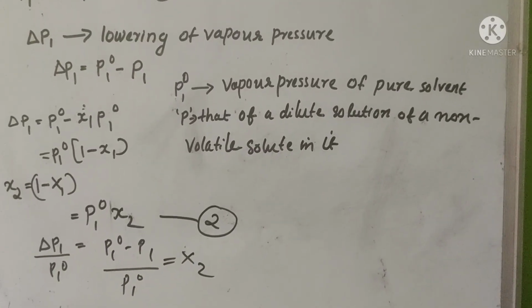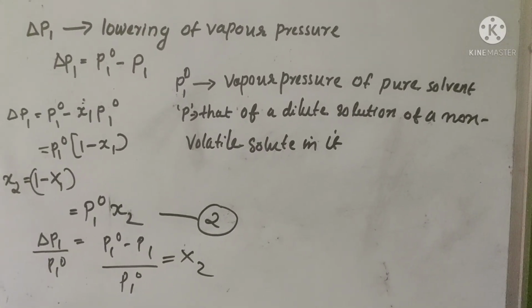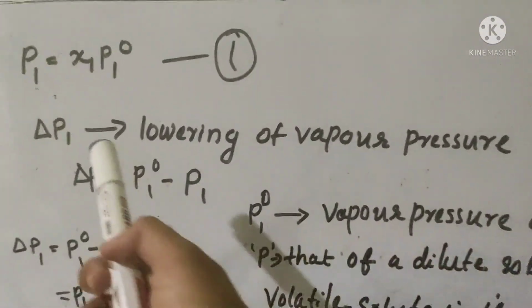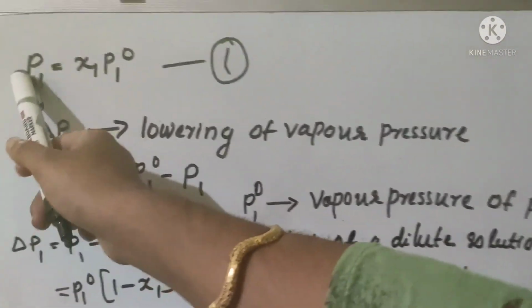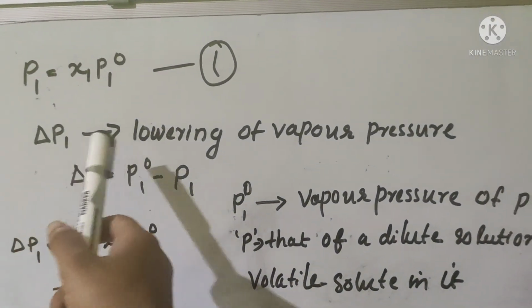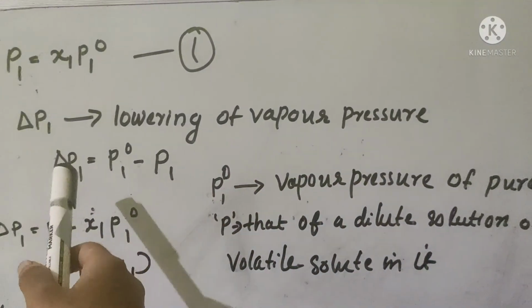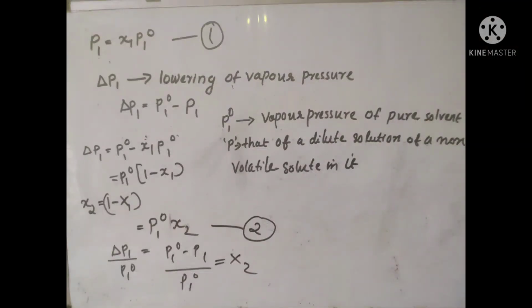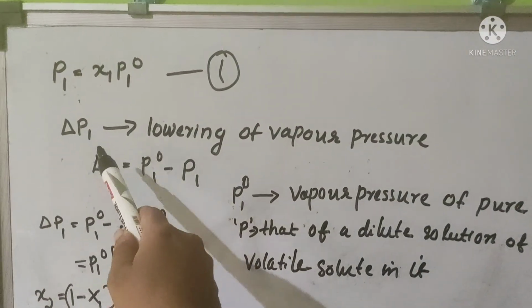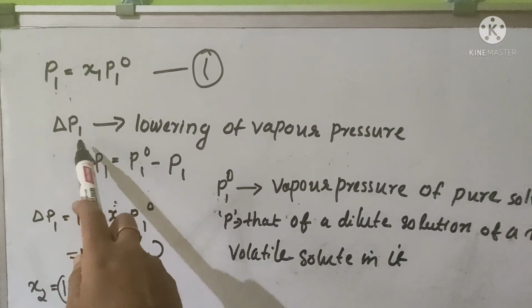According to Raoult's Law, the relationship between vapor pressure of the solvent, mole fraction and vapor pressure of the solution is given by P1 equals x1 P1°. When the solvent alone is volatile, there will be no contribution from solute towards the vapor pressure. Delta P1 is the lowering of vapor pressure.